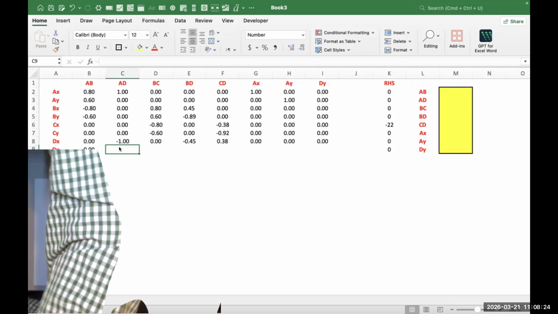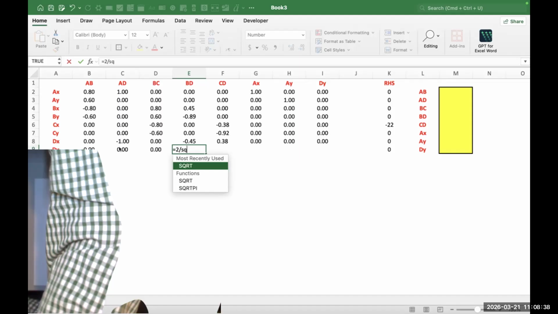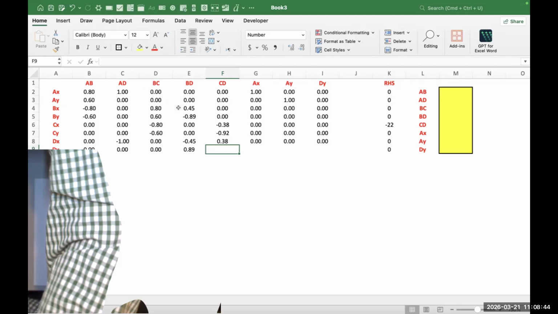So AD doesn't have a vertical component. BC doesn't. BD, we said BD is 2 over root 5. So equals 2 divided by the square root of 5. And again, 0.45 and negative 0.45.